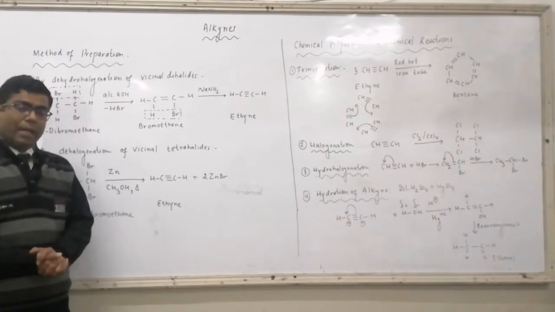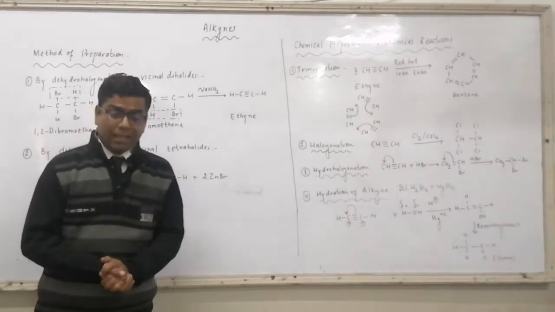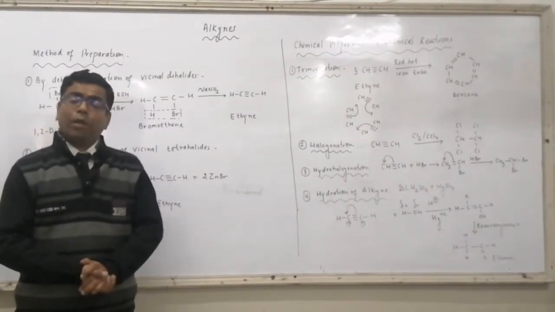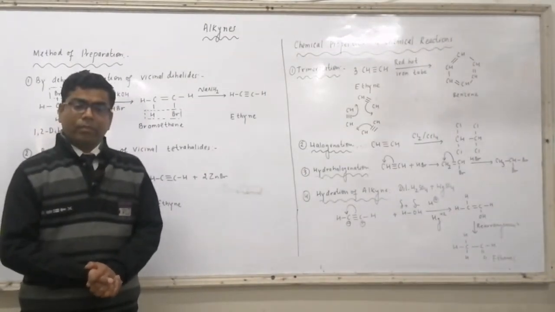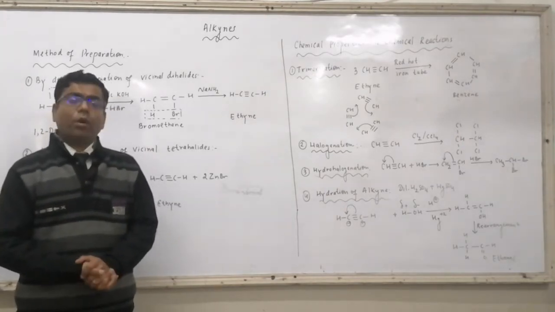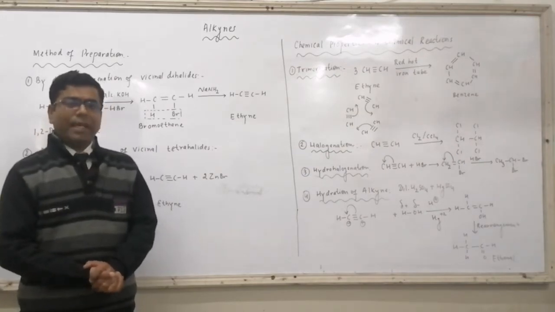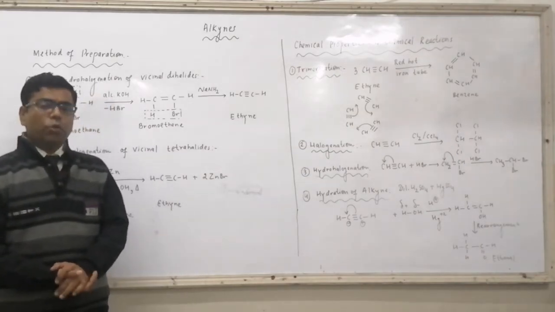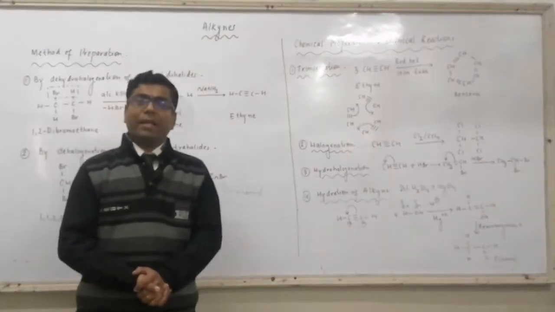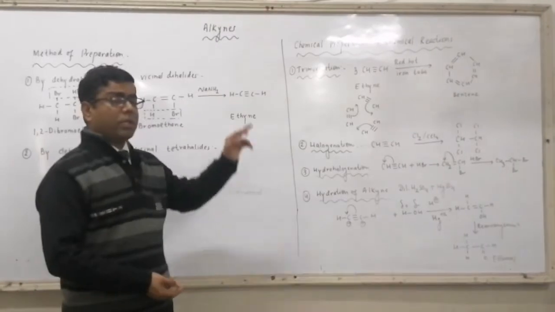Now we have to carry out dehydrohalogenation from the haloalkene. Br is there and a double bond is there. If we want to carry out dehydrohalogenation from the haloalkene, then we will use a new reagent which can act as a dehydrohalogenating reagent, and this is your NaNH2, which is called sodamide.